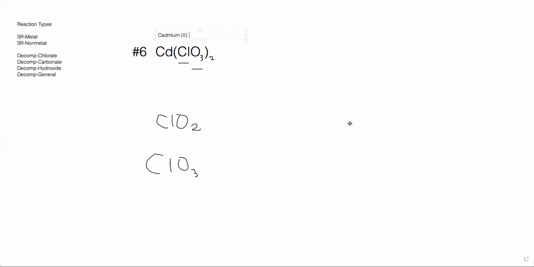It's hard to remember this stuff. I remember when I took chem, I had to make note cards and review them over and over until I just remembered this stuff after a while. So this is cadmium 2, and we have a 3, so that is chlorate. And now we just have to determine what kind of a reaction this is.